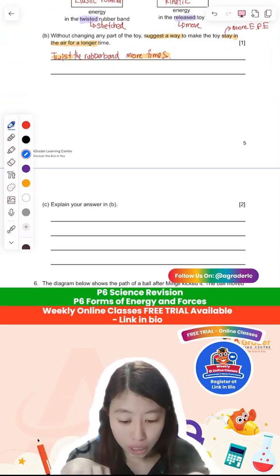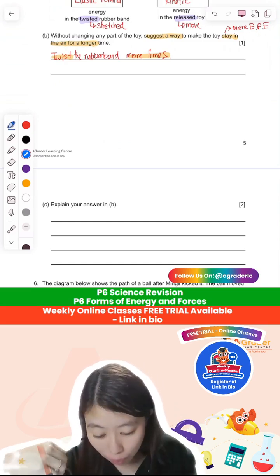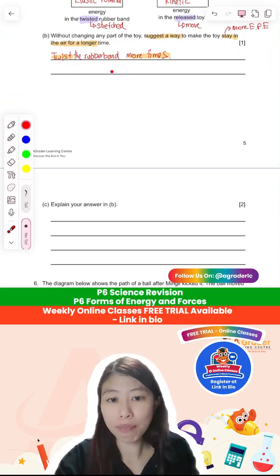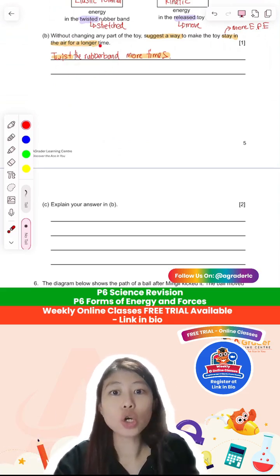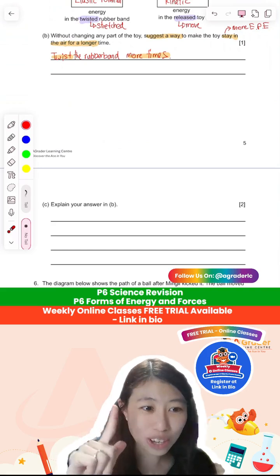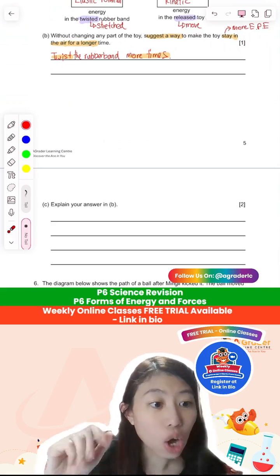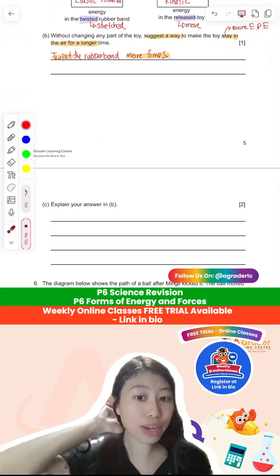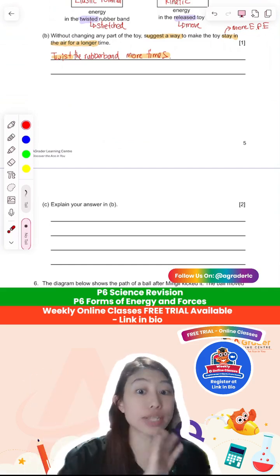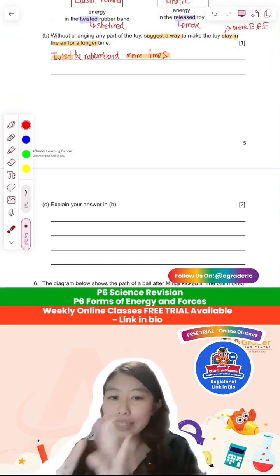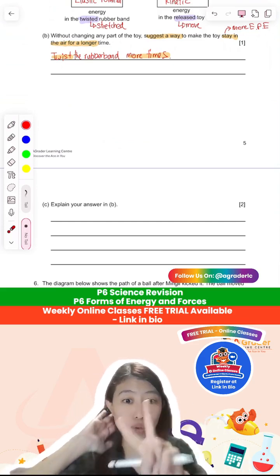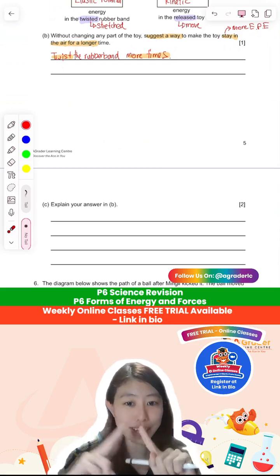For this question, they never give us the result of the experiment, so it's without results. So we use the 2-step answering technique: describe and science concept. You can use CER, but we use either DS or DSL: describe, science concept, or link. It's the same.